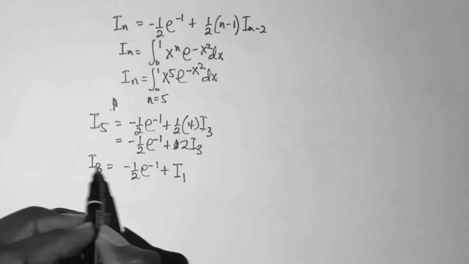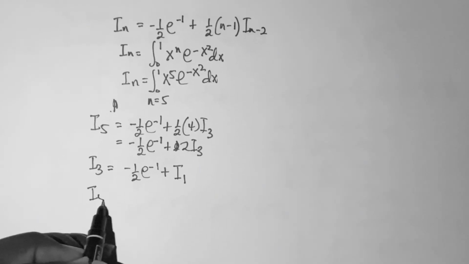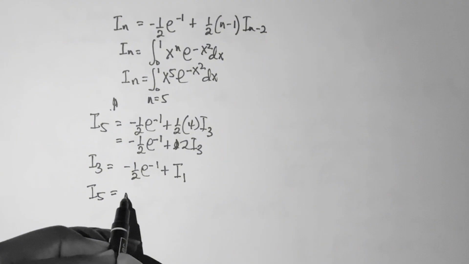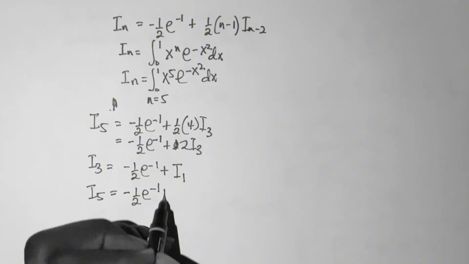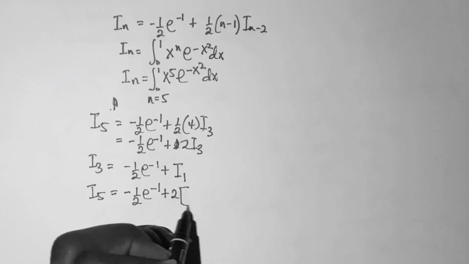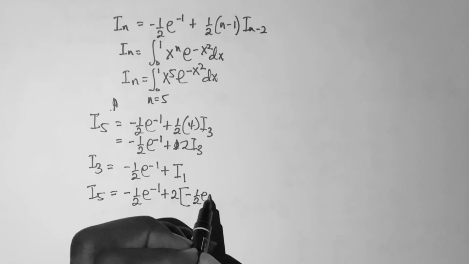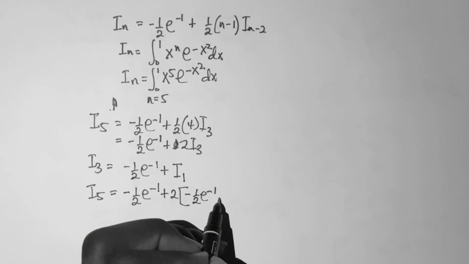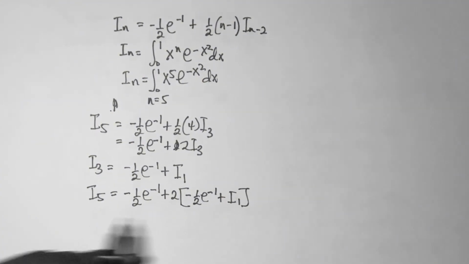So we can take this I of 3 and put it back to find I of 5 in terms of I of 1. So I of 5 is equal to minus half e to the power of minus 1, then plus 2 times I of 3. I of 3 is minus half e to the power of minus 1, then plus I of 1. So let's expand.